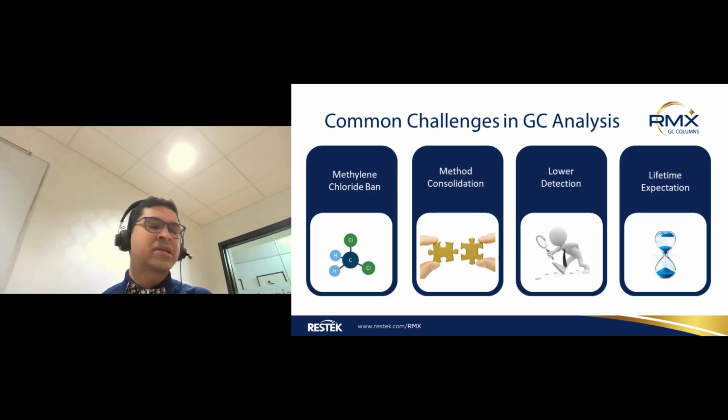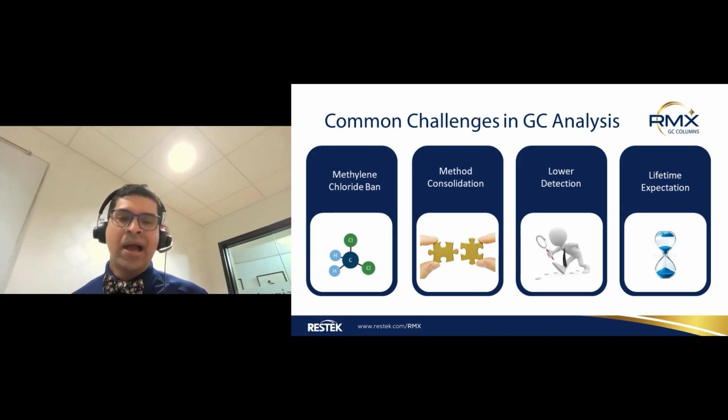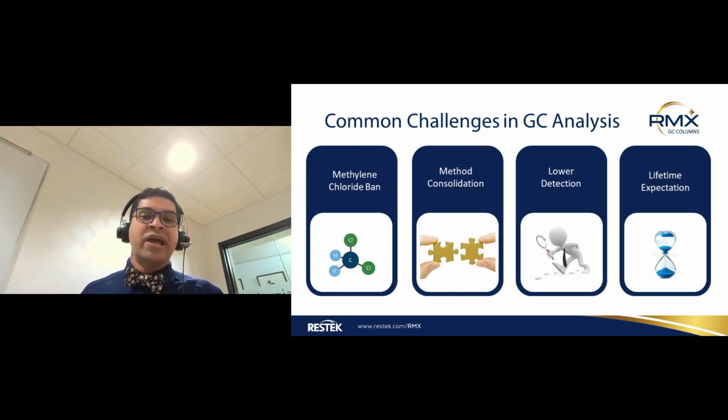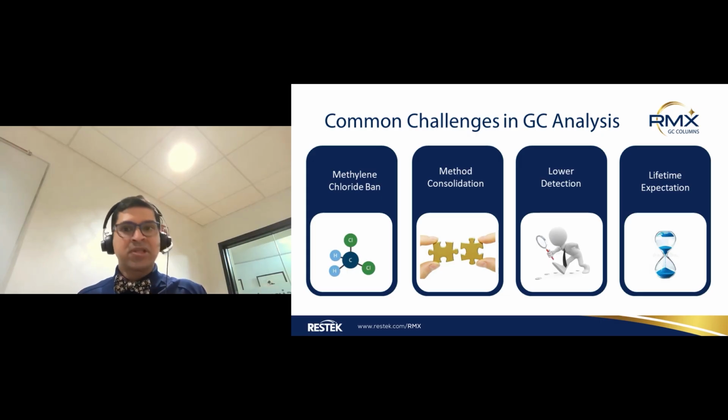A good example is combining semi-volatiles with another class of compounds, for example, a PAH or PCB, or combining PAH with another method, maybe a PFOS, right? So this type of consolidation is being seen across the globe and helps people to improve their throughput in the lab.